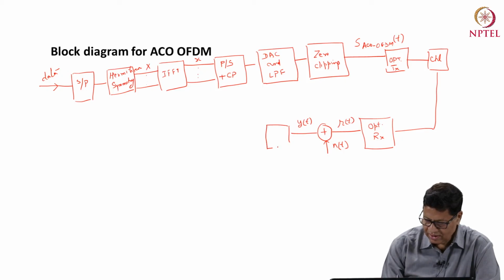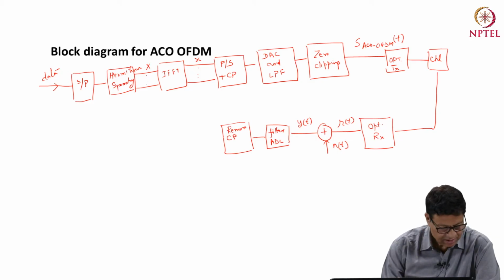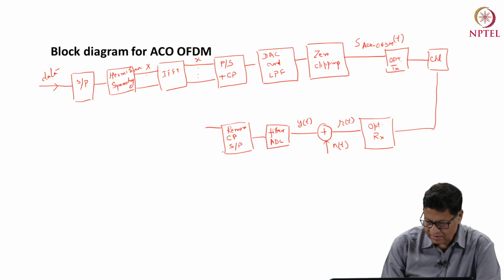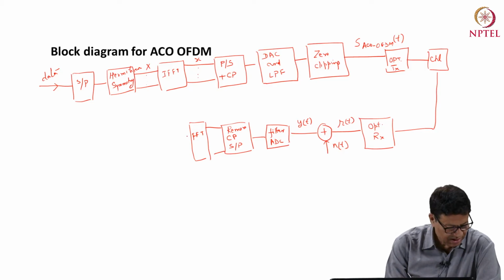So this Y(t) goes to filter and analog to digital converter. You're doing the reverse operation here, and you remove the cyclic prefix here, remove CP, and serial to parallel converter, and then this is given to reverse of IFFT, that is FFT block. So these are the samples after the output of the FFT.